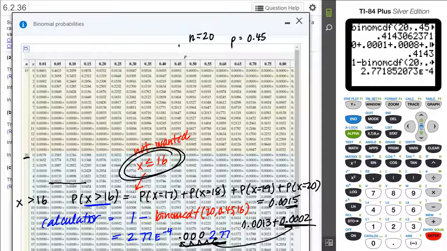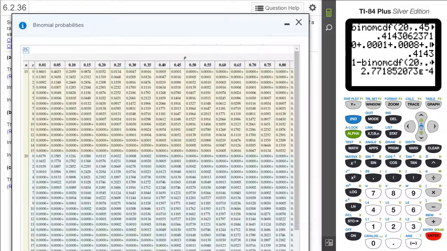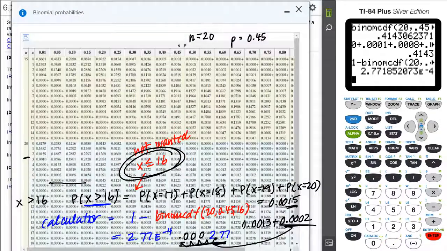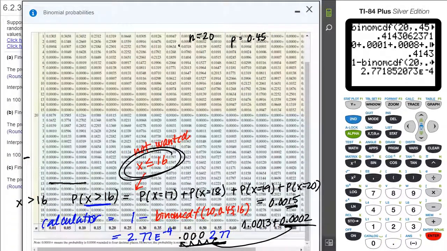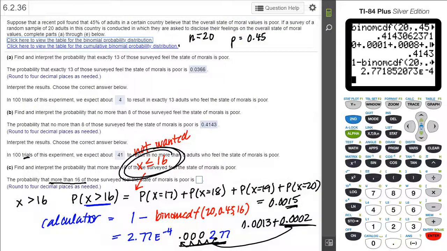In the table, this 0.13 is from 16, so this is the 17 and the 18. That's the actual bit.